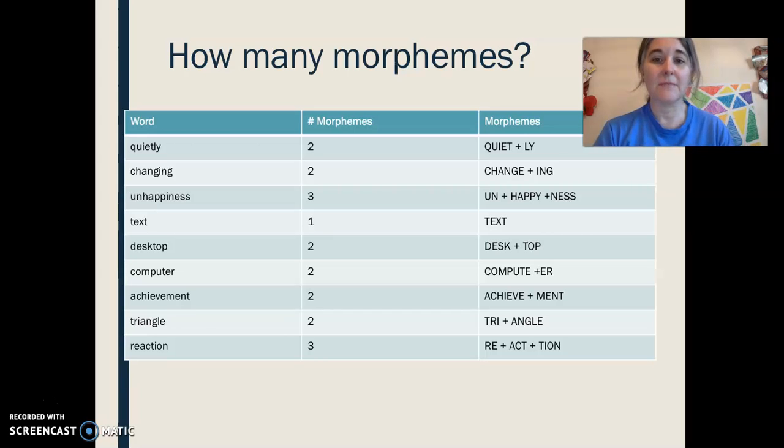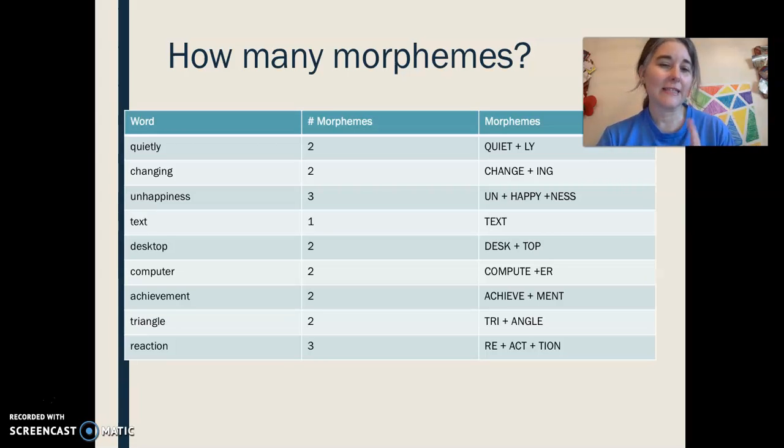So achieve is a verb, and adding ment changes it and makes it a noun, the act of achieving, or what someone has achieved. Triangle has two morphemes, tri, meaning three, and angle.